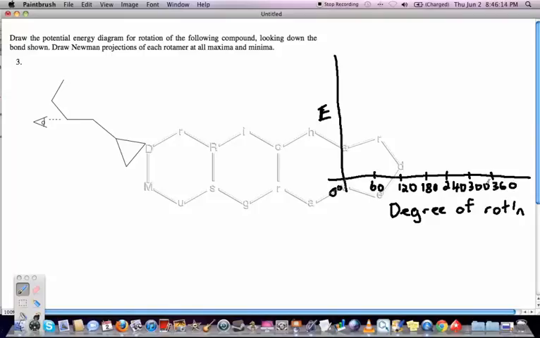Alright, so now we've got that set up. Now we can look at this very first instance. We're looking down the plane of this bond. There's the I there, and here's the C that we're going to be looking at. Now attached to this C we've also got two hydrogens, and those hydrogens aren't being shown, but I'll put them in.